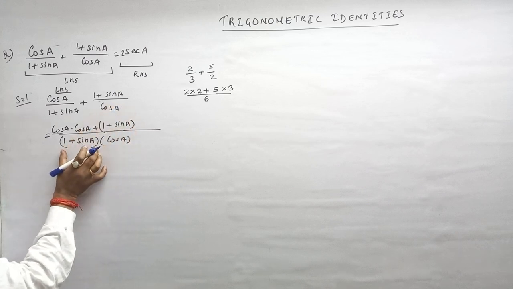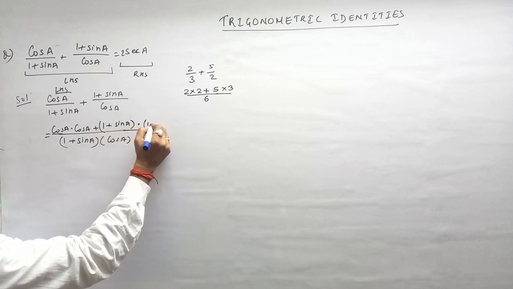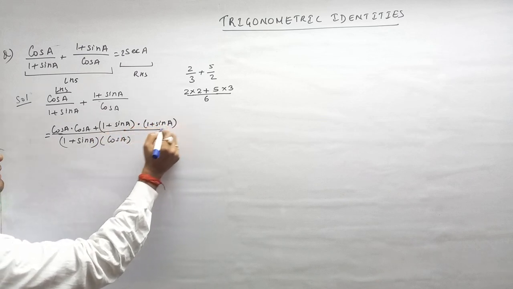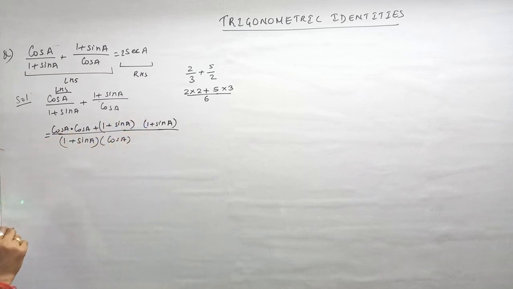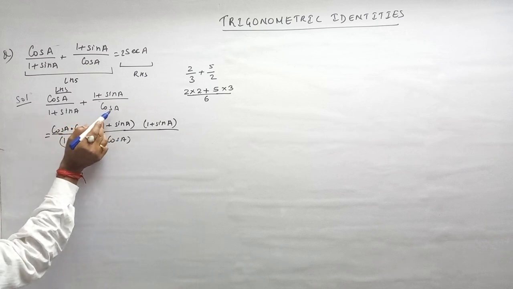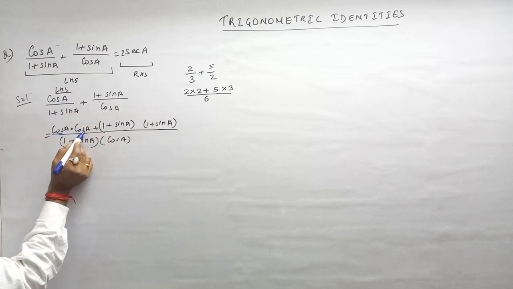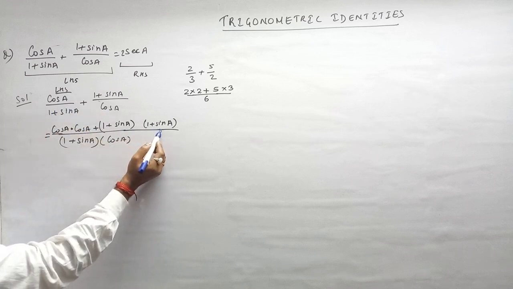This is 1 plus sin A. No need to put the dot here, dot stands for multiplication. So this is cos A into cos A, and this is 1 plus sin A into 1 plus sin A.